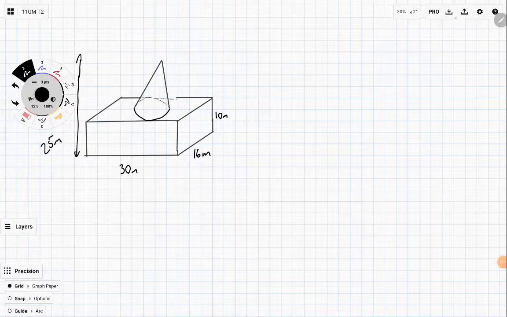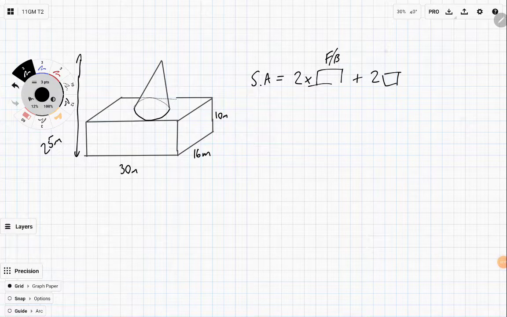But on the bottom face, if we think about what the bottom face would look like, on the bottom you'd get just a regular rectangle. And then on top of that, we've also got the cone bit. So those are the pieces that we're going to be working with. For surface area, we're going to have 2 rectangles, that can be the front slash back, plus 2 rectangles, which is going to be the left slash right.